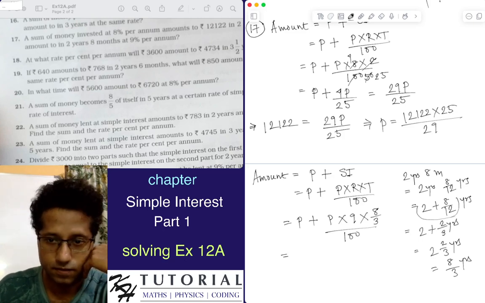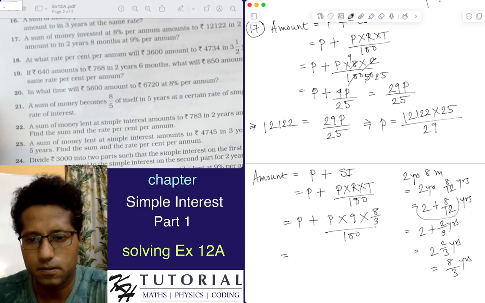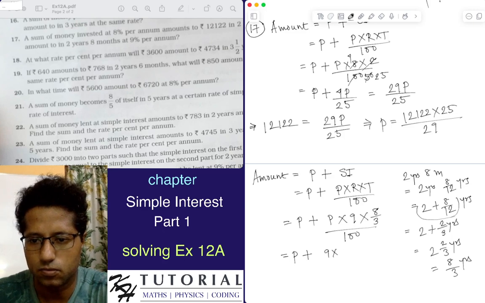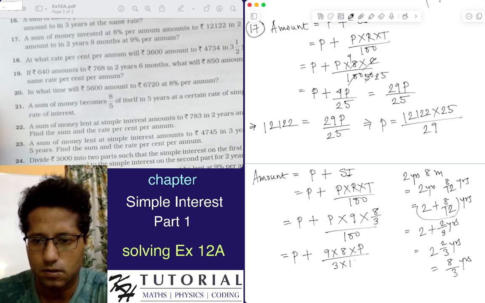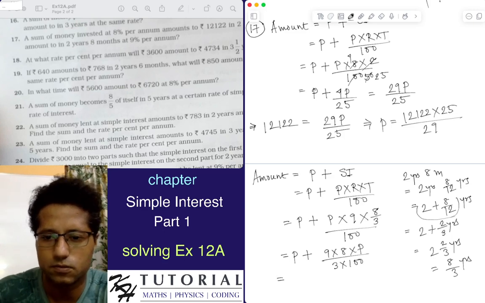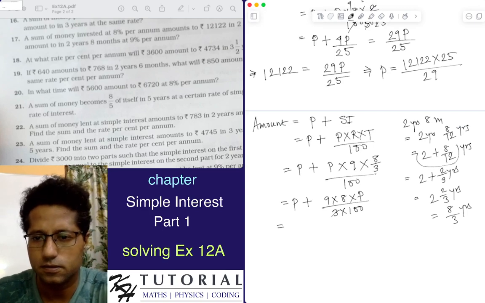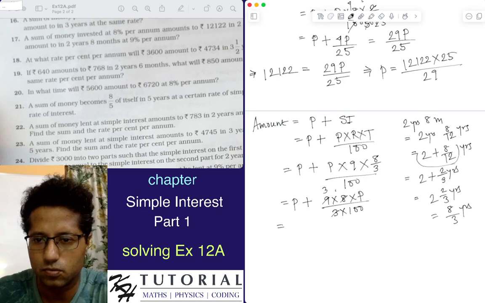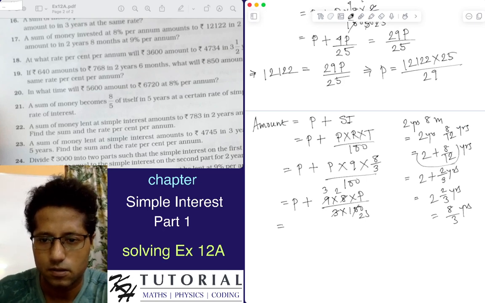Okay. So now we have P plus 9 into 8 into P divided by 3 into 100. This is equal to P plus 6P by 25.